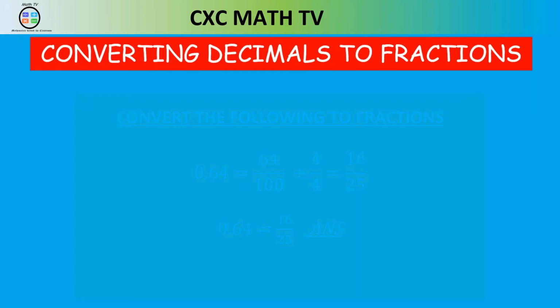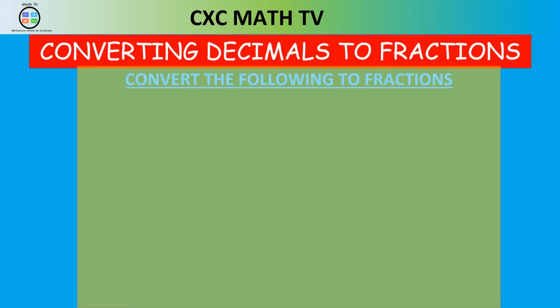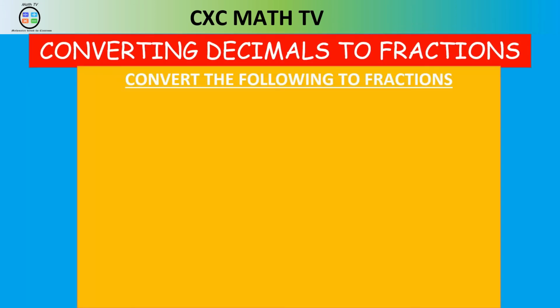Beautiful. Let's tackle another one. 1.54, you can go ahead and write that as your whole number 1 and 54 over 100. Now that part, 54 over 100, what's the highest common factor between 54 and 100? That is 2.